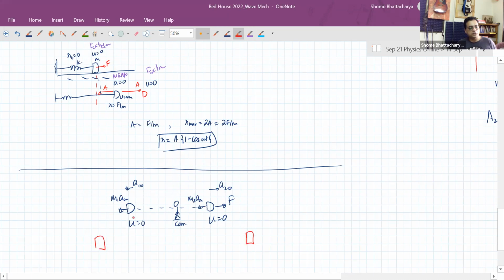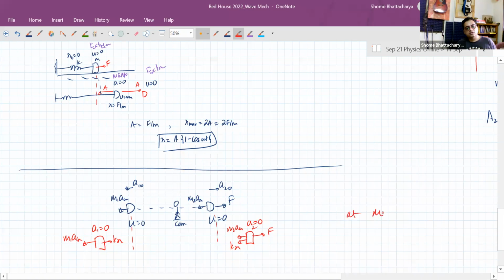So what is your mean position? The mean position will be the value at which this one's acceleration becomes 0. So at the mean position on this block, M1 ACM has to be balanced with Kx. On this block, M2 ACM has to be balanced by Kx.